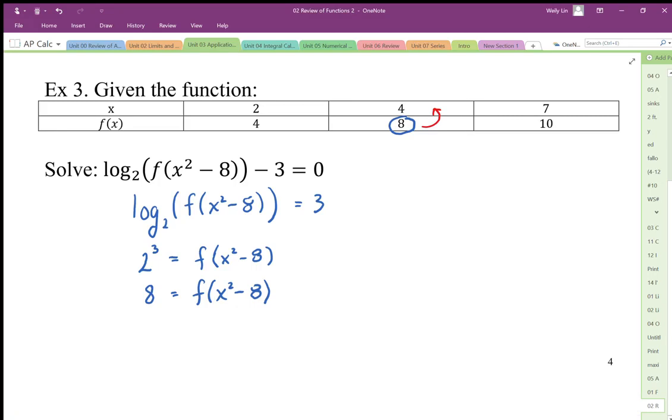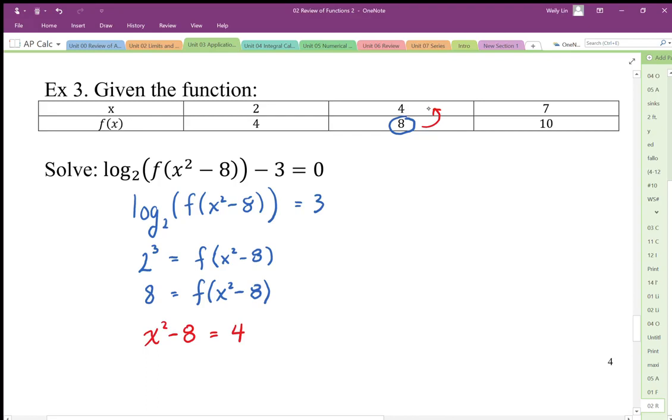So if my output is 8, my input was 4. Well, x squared minus 8 represents my input. So my input of x squared minus 8 must be equal to the input of 4. If I input 4, I'm going to get an output of 8. So this input must have been equal to 4.